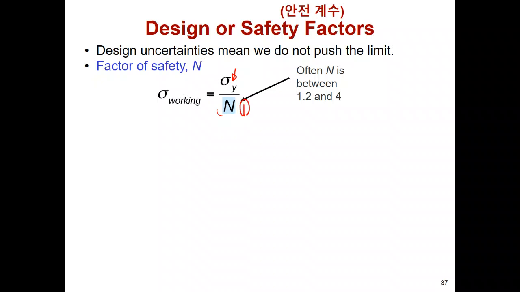That means the allowable stress looks like this. When we put in this n like this, the allowable stress is just half compared to the yield strength. If we need more safety, we can increase the safety factor.